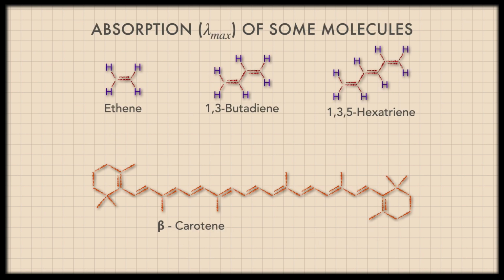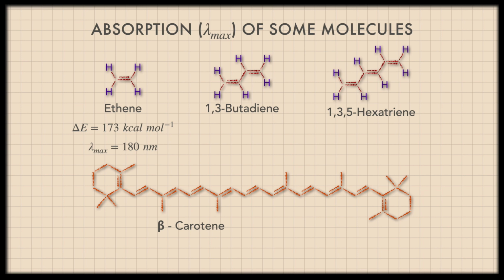Now if you see here, we have ethene, there's only one double bond there. Then we have 1,3-butadiene, with 2 double bonds, 1,3,5-hexatriene, 3 double bonds. Now the energy difference, delta E, for ethene is 173 kilocalories per mole, which requires a wavelength of 180 nanometers for that amount of energy.